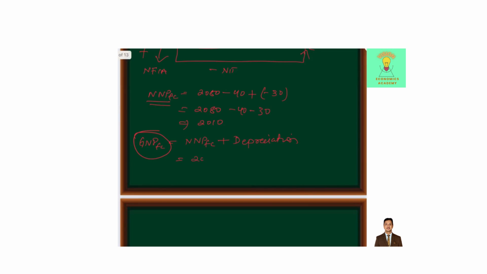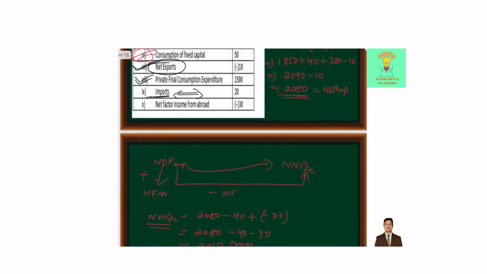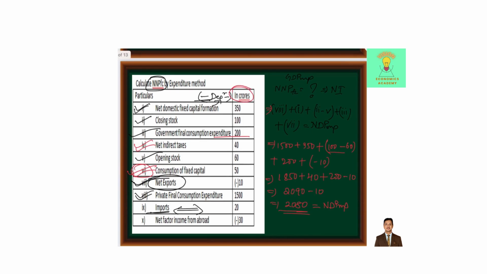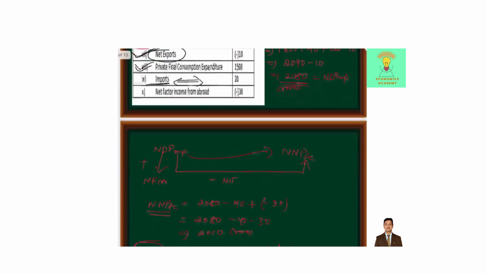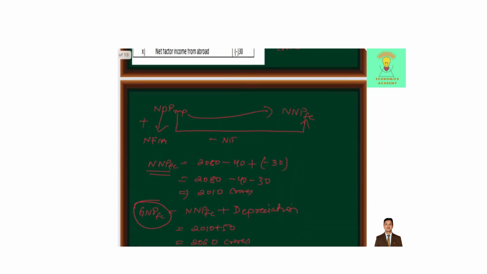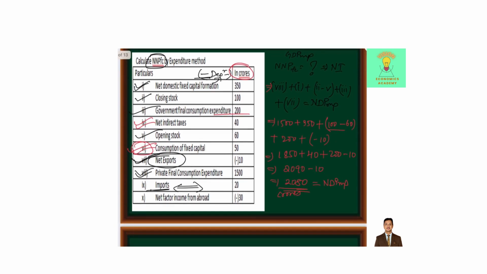Now 2010 plus 50 would give us 2060 crores. That is GNPFC. Okay, now the figure is given in crores, so we write crores. Okay, so this is how we need to use the expenditure method to calculate the national income.